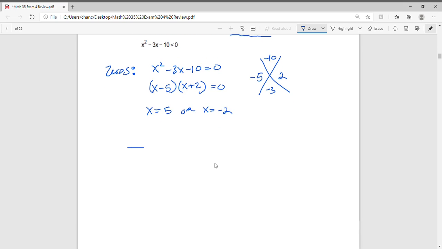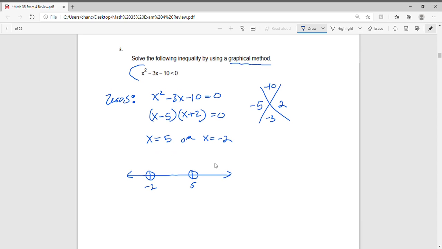This means that 5 and negative 2 are not part of our solution set, because if you look at the original inequality, we want values that are strictly less than 0. This is equal to 0 here. So these are not part of our solution set because of that inequality, and that's why I need open circles at negative 2 and 5.